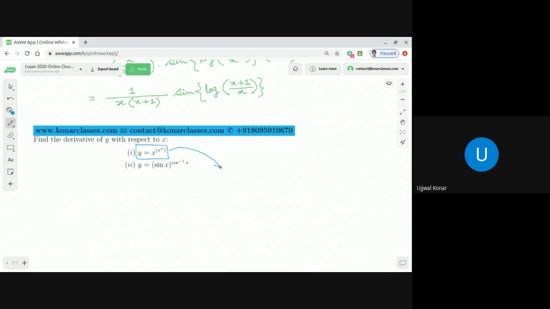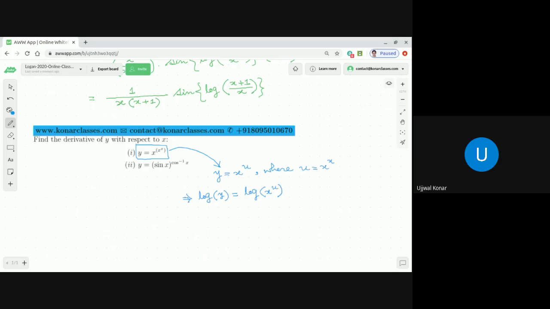What I'm saying is that y is equal to x power u, where u is equal to x power x. Is this clear or not? Then we take log of both the sides. Then log y is equal to log of x to the power u.